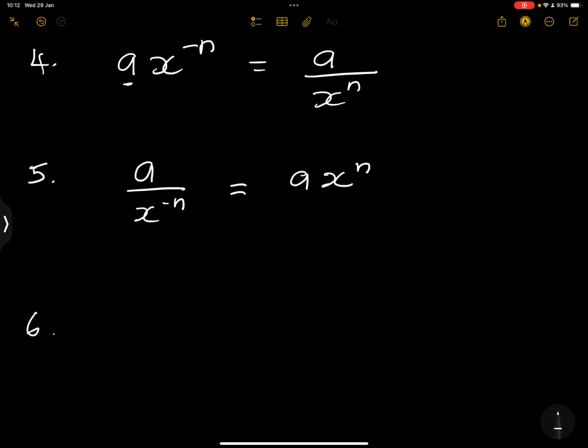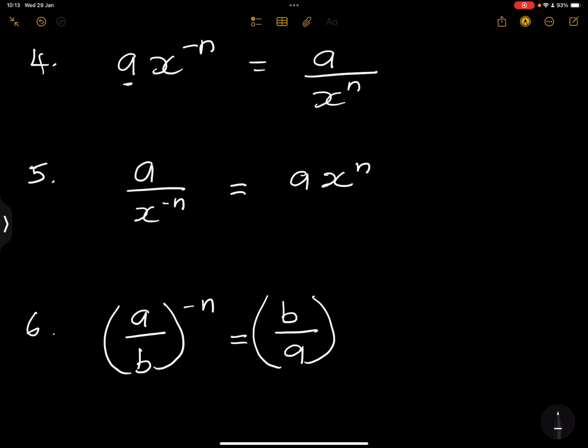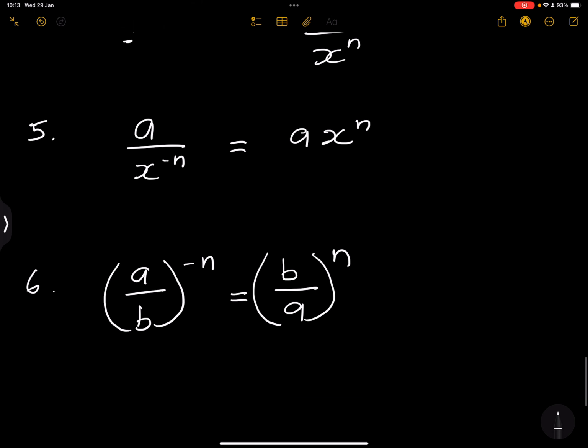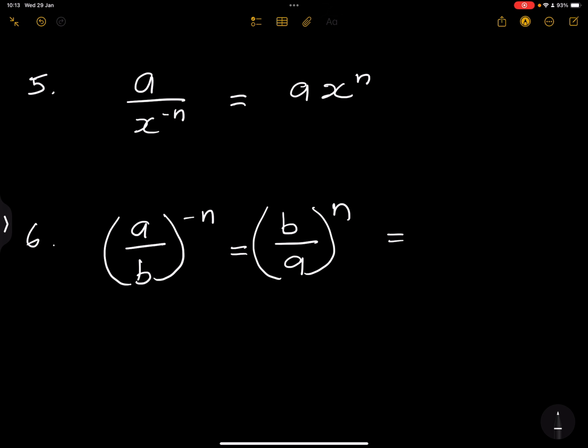Suppose that I had a fraction a over b, and I raise that to a negative exponent. Please note that another way of writing this, and I can show you this, is b over a to the positive exponent. The reason is that I could have easily written this as a over b to the power minus n, which is the same as 1 over a over b to the power of n.